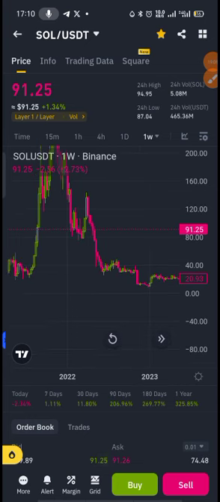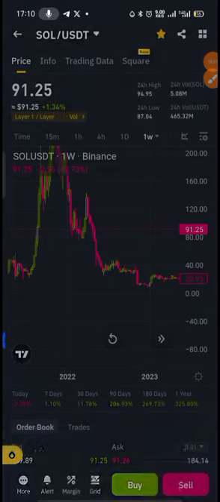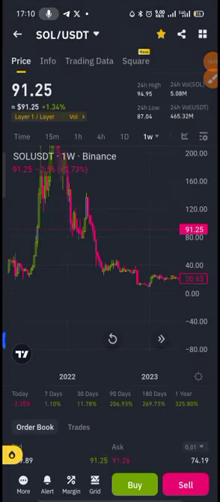But when I came to this setting here, I could now see horizontal, and this was one of the best discoveries of all time for me at that time. So this now gives me a better view of the market.